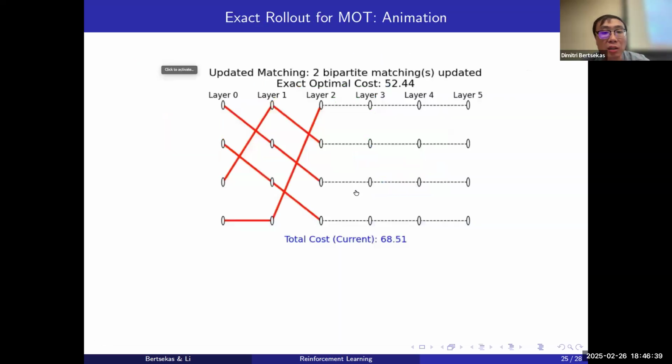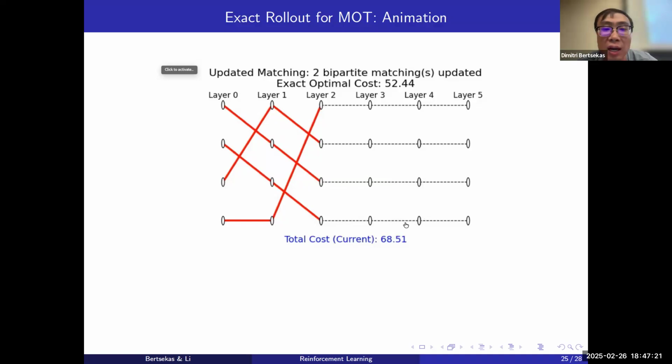Now let's give an animation of the exact rollout applied to multi-object tracking, or multi-dimensional assignment, whereby we have 6 layers as shown in the previous case, and each grouping has a different cost. Suppose our base heuristic, base policy, is simply to assign the same objects of the different layers by using this horizontal, almost arbitrary grouping methodology.